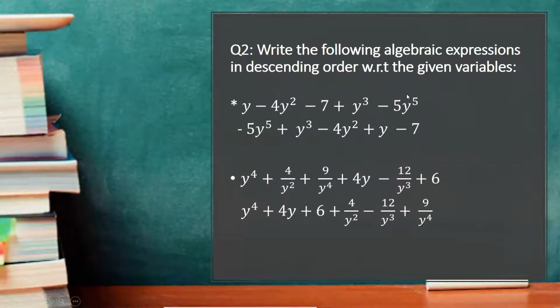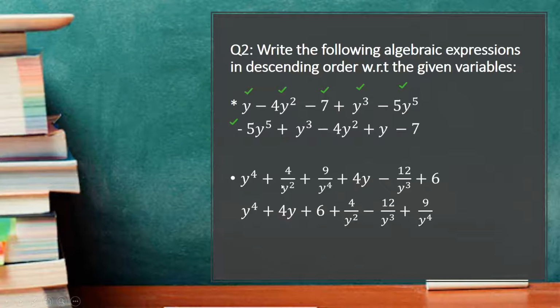So the first term must be of the highest power, y power 5. Now the next one is y power 3, then y power 2, then y power 1, then y power 0. And just write it down in proper order with the given signs. Here the first sign of 5 y power 5 is minus. So you have to start with the minus sign, right?